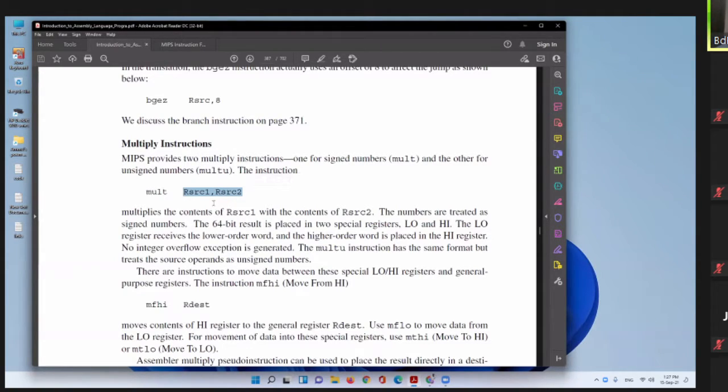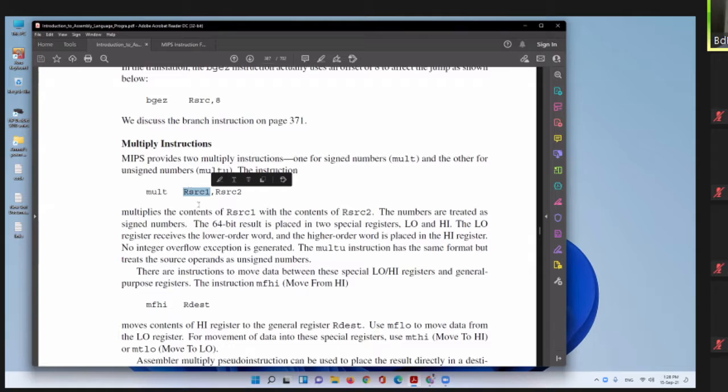Now the question is, where are you going to store the results? Into special purpose registers. Yes, correct, into 2 special purpose registers. So how can we store it? Lower 16 bits will be stored in LO. No, sorry, lower 32 bits.